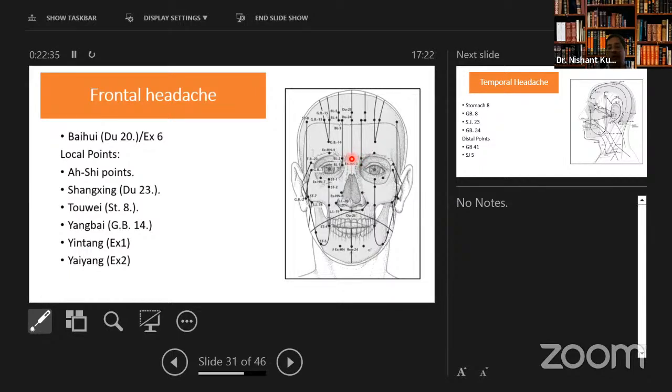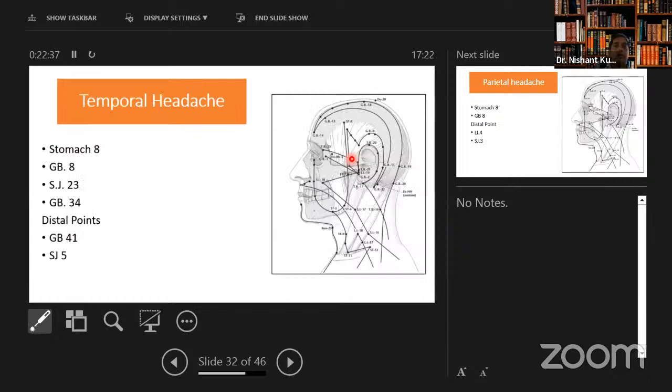Okay. So these are the points that may be used. Lateral temporal headache, again stomach 8, GB8, so GB8 here, DU23, GB34, and distal points that are GB41 and SJ5.